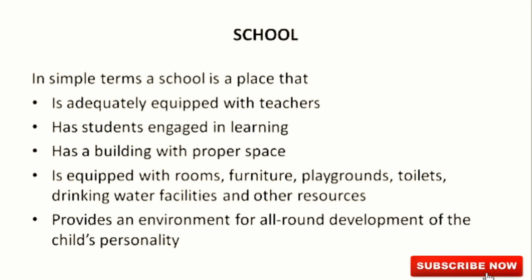It has a building with proper space and is equipped with rooms, furniture, playgrounds, toilets, drinking water facilities and other resources. And a school should provide an environment for the all-round development of the child's personality.